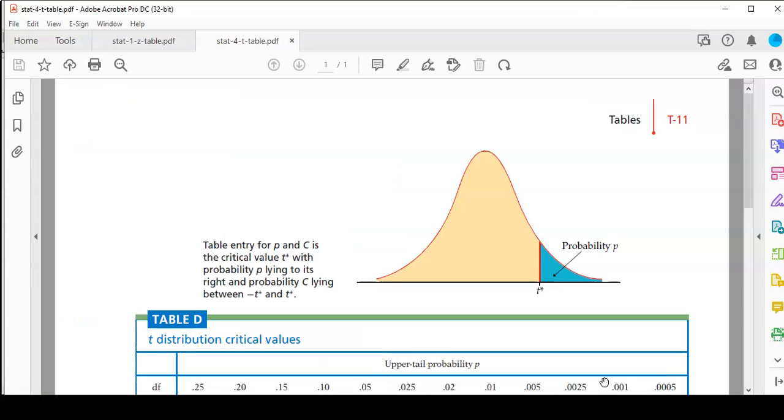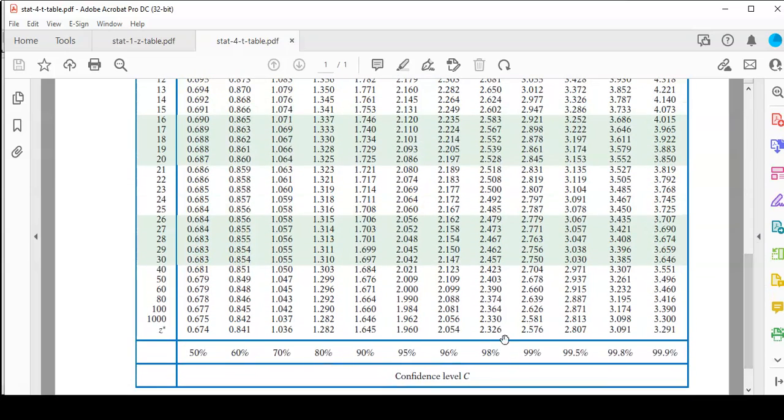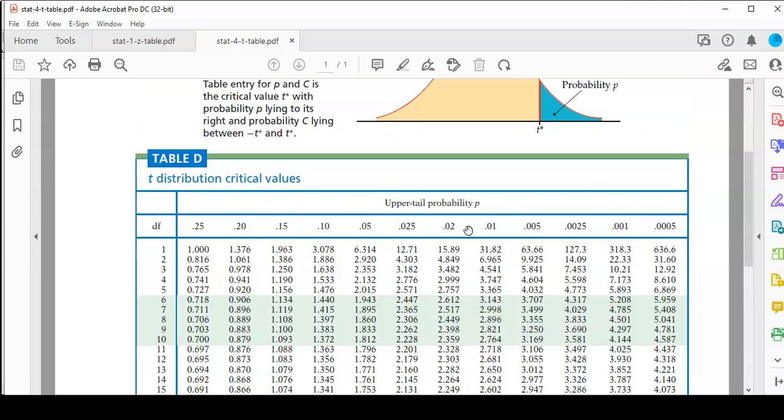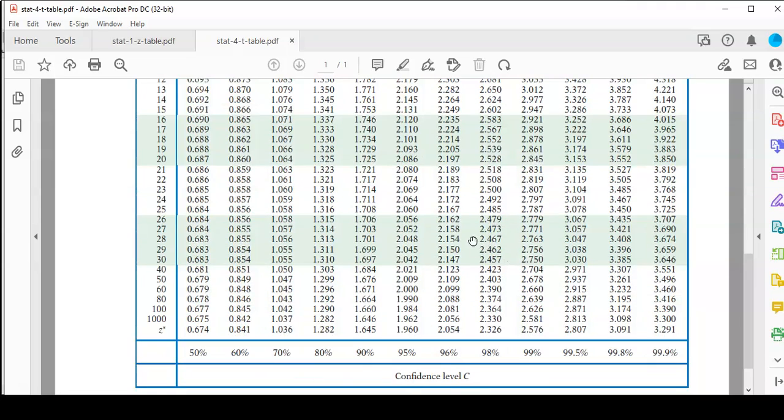Let's go to the t-table, and instead of looking for 95% confidence level, we can start from 98% now. Go up a little bit, and then I'm getting 2.467 as my t-score. Or I could start from 1% to the right-hand side, and then go down to 28, 2.467, I could do that.